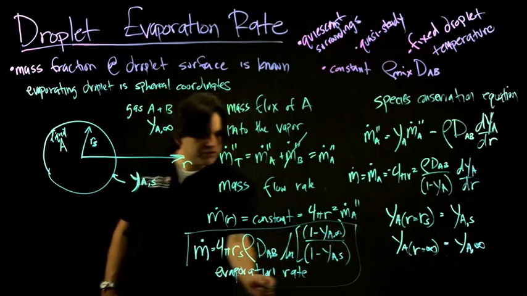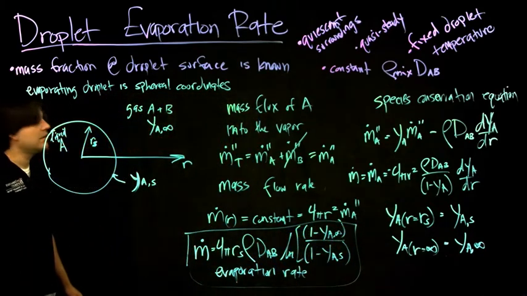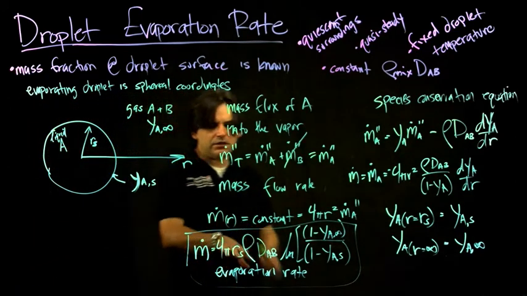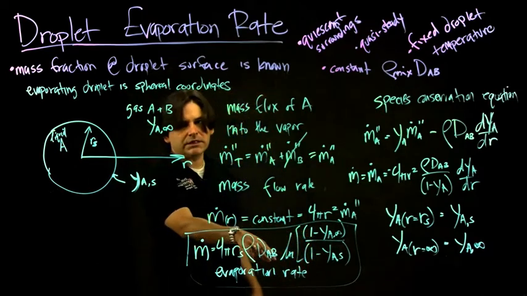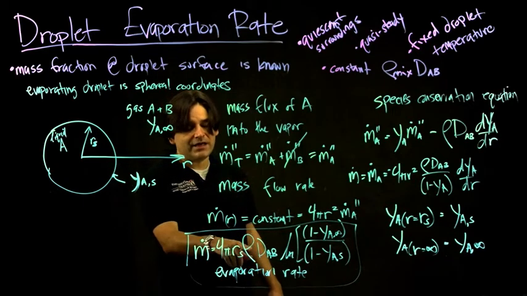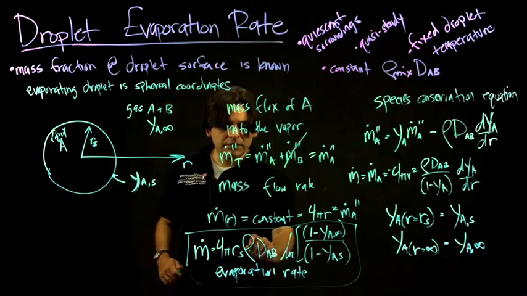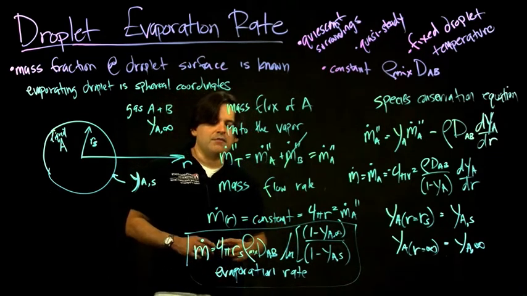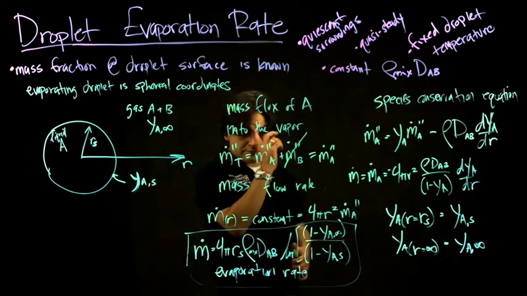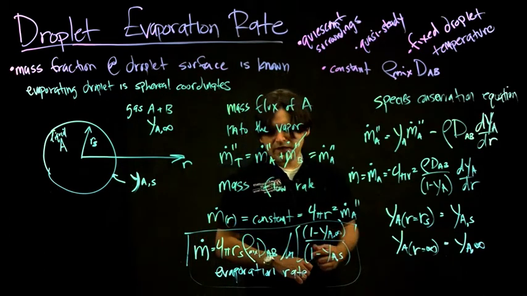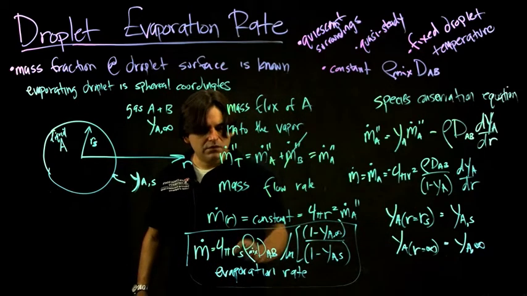Applying all of these assumptions, which can apply to a variety of situations, you get this useful result. Depending on the mass transport properties of this molecule in the mixture, the density of the surrounding gas mix, the radius of the surface at that moment, which decreases, and the far stream mass fraction and the surface mass fraction, which can, in principle, be found.